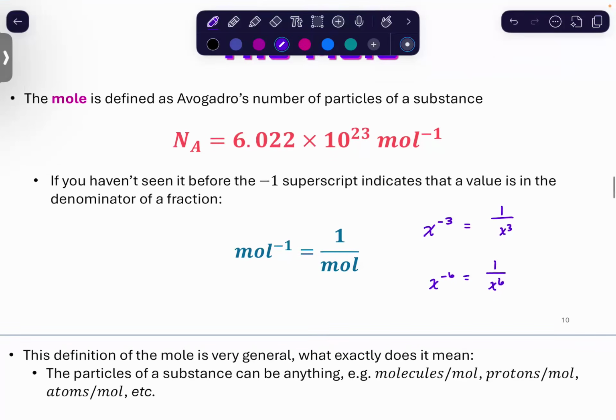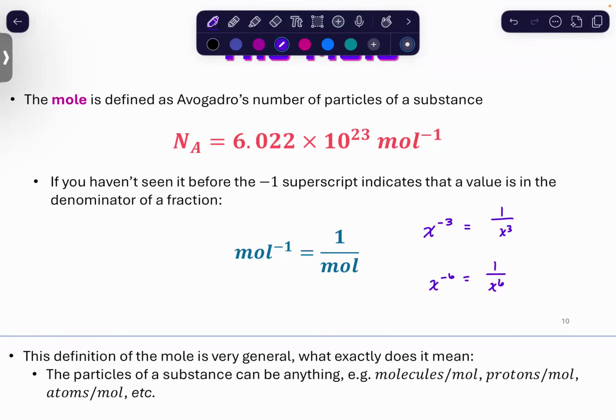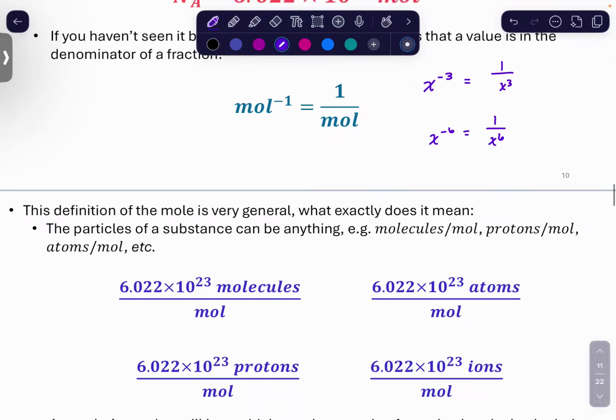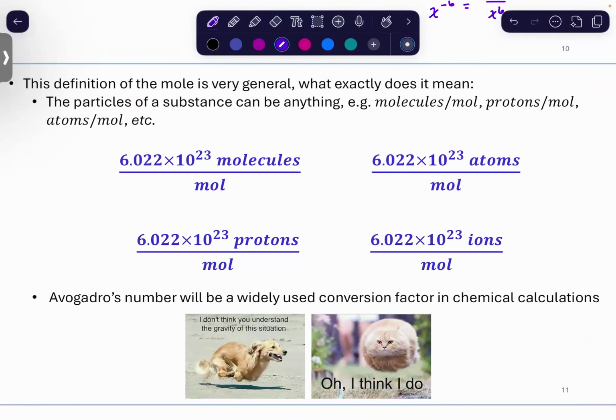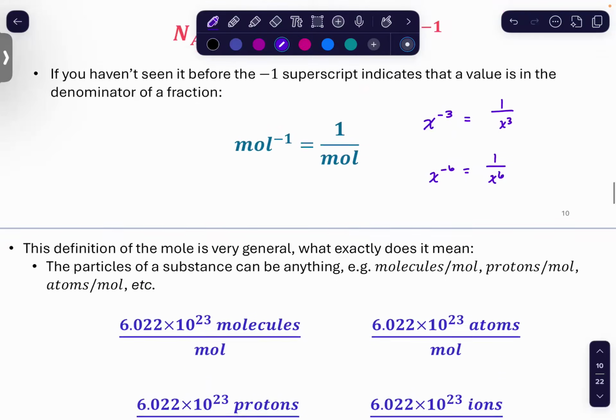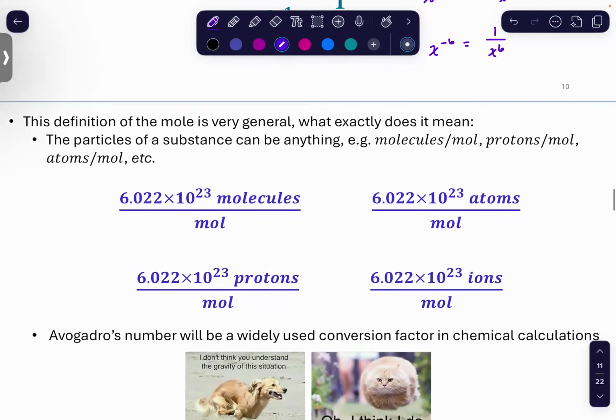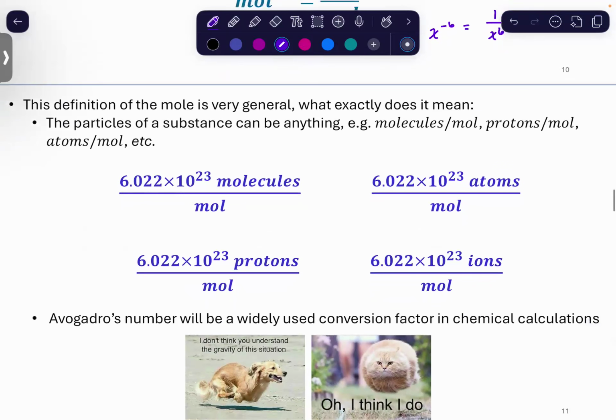You're going to want to make sure you know how to use Avogadro's number to solve problems. So remember we talked about when you're looking at conversion factors, the number always goes with the unit in the top. Okay, so here's how Avogadro's number works. It's 6.022 times 10 to the 23rd something per mole. That's what the moles to the negative 1 means.